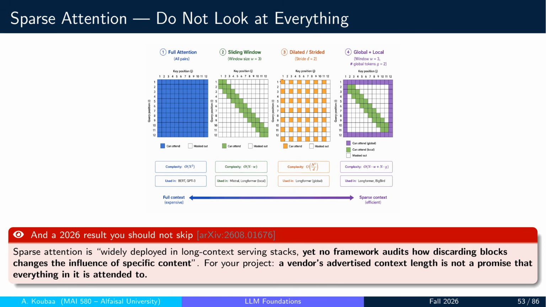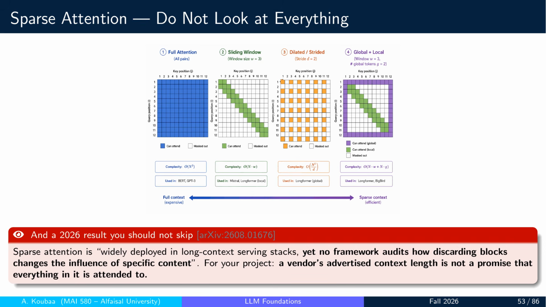Before the consequence, look at how fast this constraint moved, because the trajectory is instructive. GPT-4 launched with a context of roughly 8,000 tokens, with a 32,000 token variant available. GPT-4 Turbo later moved to 128,000. And today, we speak routinely about 1 million across several frontier systems.